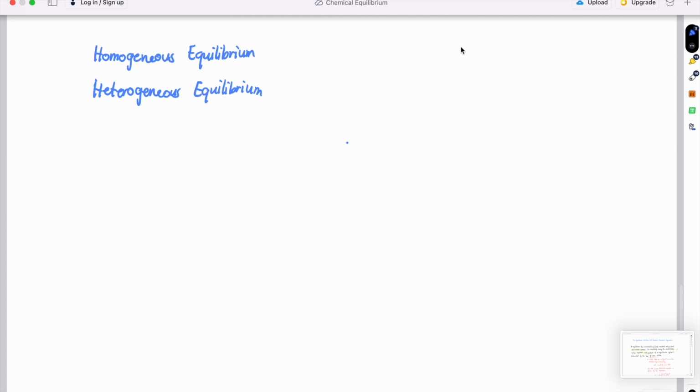There are two types of equilibrium. We have homogeneous equilibrium and heterogeneous equilibrium. So let's first start with homogeneous. Okay?